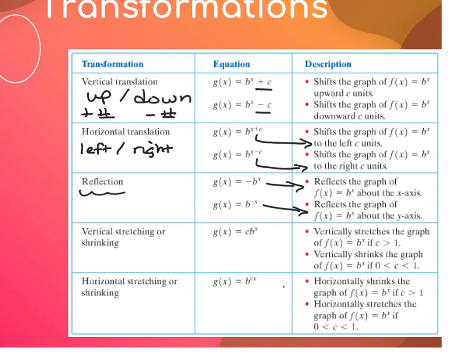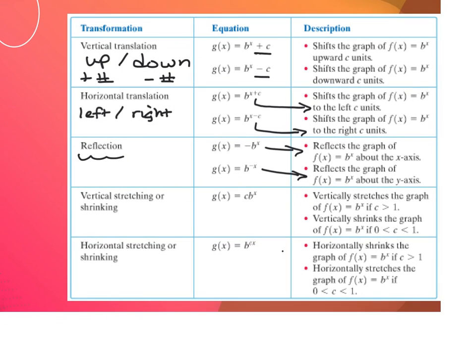Then if there's a number in front of the base, that would be your vertical stretch or shrink. So if it's a number greater than 1, you're stretching your graph. If it's less than 1, if it's a fraction, you'll be shrinking the graph. And then the same thing for the horizontal. It's backwards, so it shrinks when it's greater than 1, and it stretches when it's the fraction. And that'll be a number in front of the exponent.